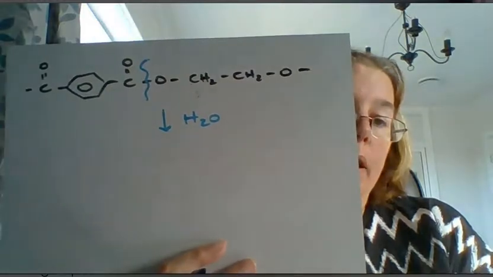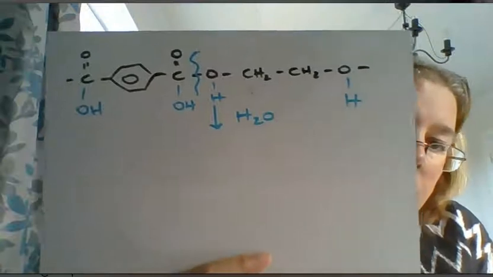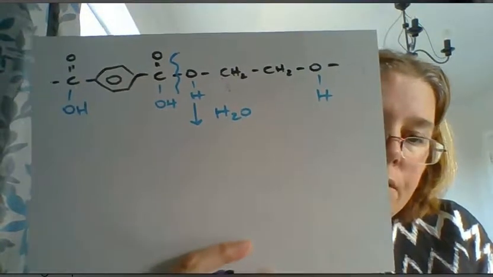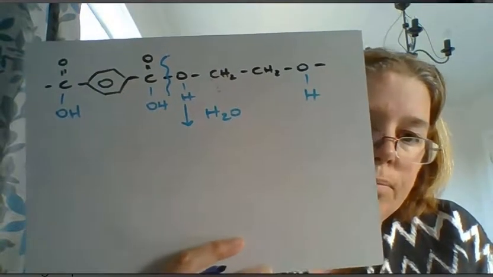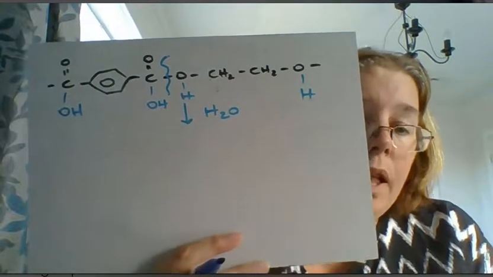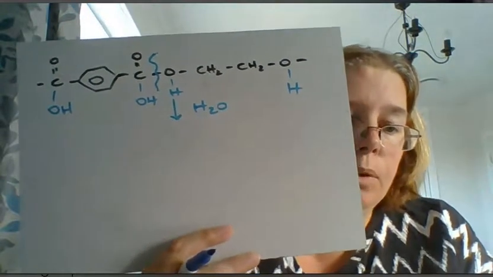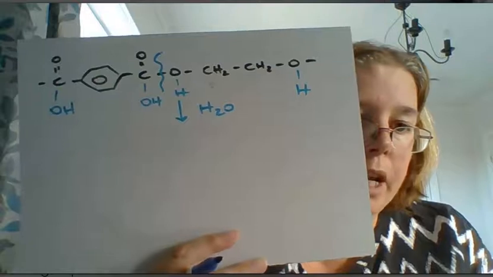Okay, so pretend we're adding a couple of waters. So we're going to add OH onto one, onto the next, and some H's. Okay, just like that. And if you basically break that up into two molecules, that's going to show you the original or the starting point for your chain.